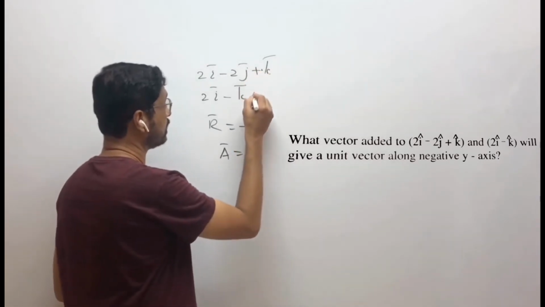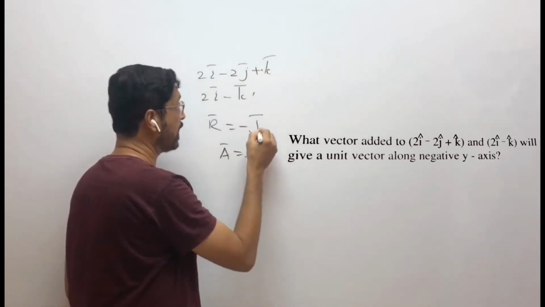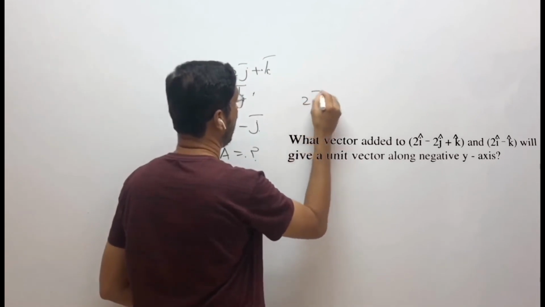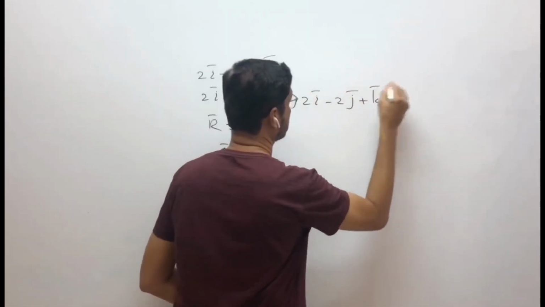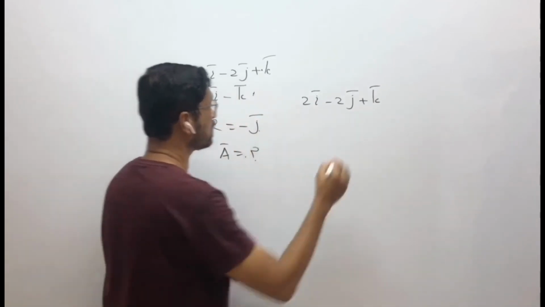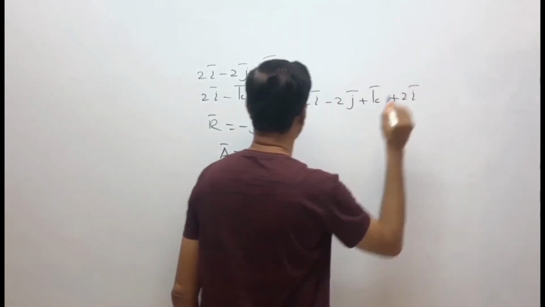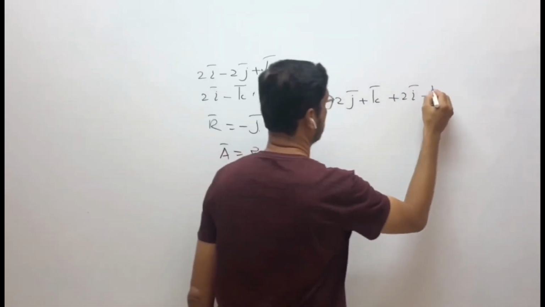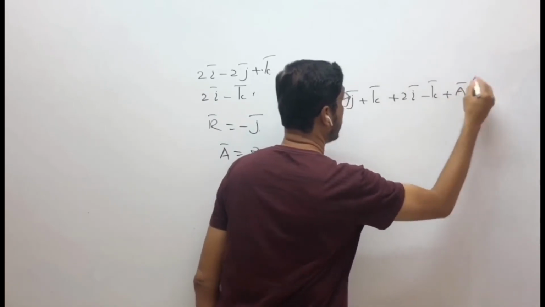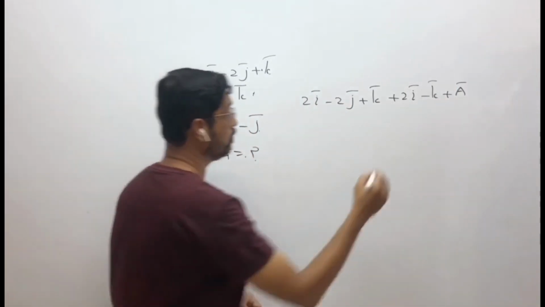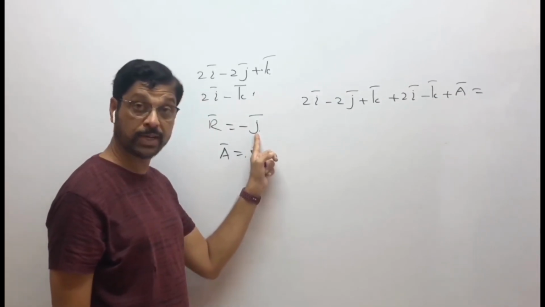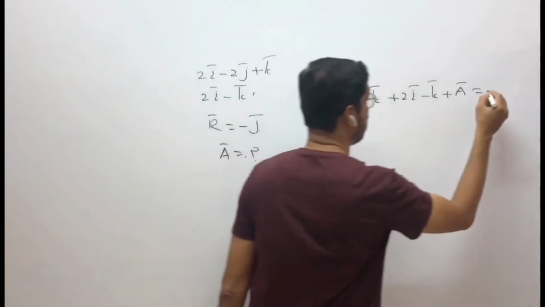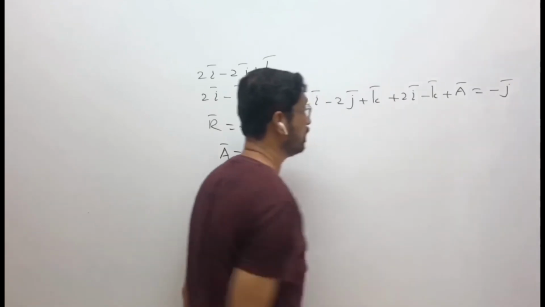Addition of this and this should be minus j. So 2i minus 2j plus k plus 2i minus k plus vector a should be equal to what? Negative unit vector on y-axis means minus j.